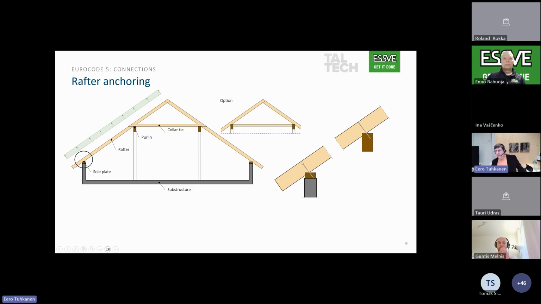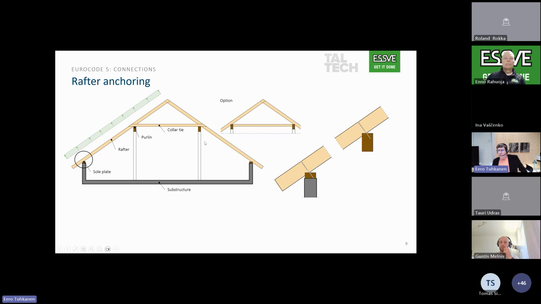It can be complicated when the rafter height is too high, but we can solve that as well. The principle here is that we take the force which the rafter has with one screw or one pair of screws.